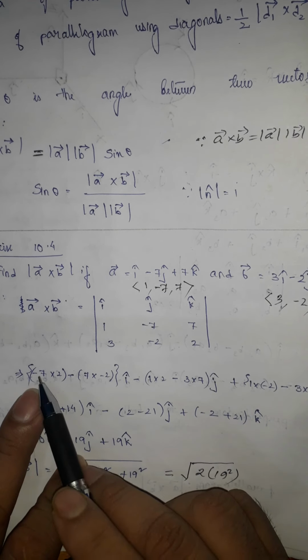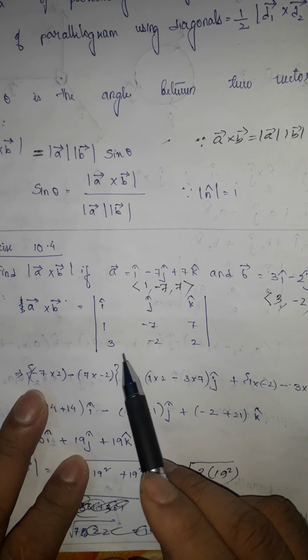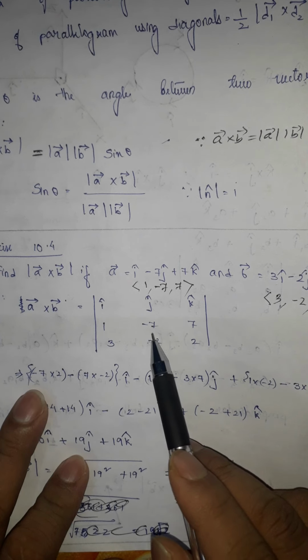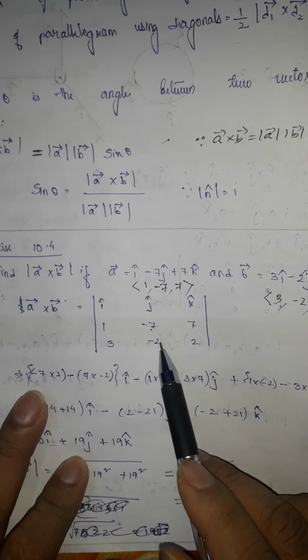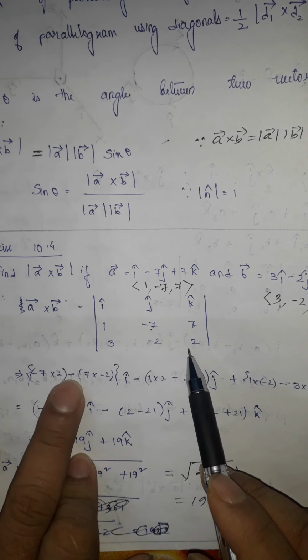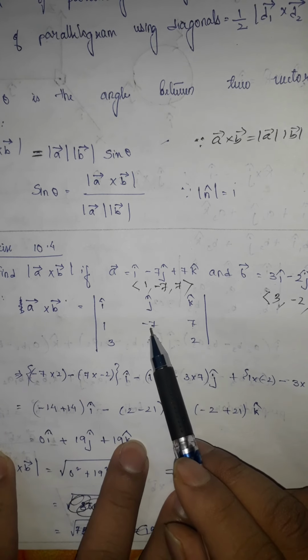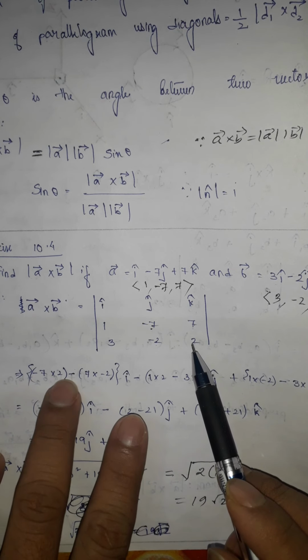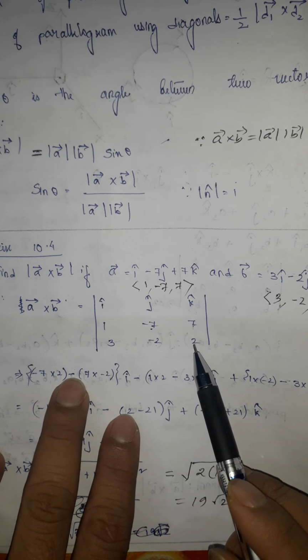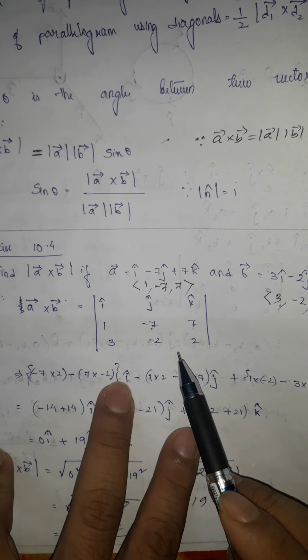So i whole into, you delete this row and this column, then you get these four numbers: minus 7, 7, minus 2, 2. So it will be minus 7 into 2 minus 2 into 7, whole into i.